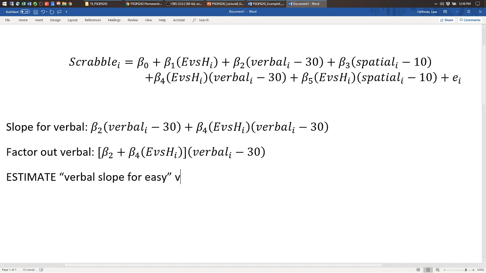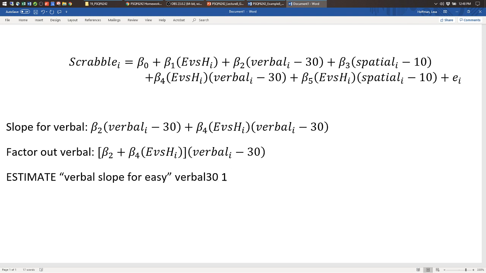So beta 2, I need verbal, like in my code it's called verbal 30, because I'm not imaginative that way. And I need how many of those? How many beta 2s do I need? Just one. That will always be the case, by the way, because the first term in these statements is the thing you're trying to estimate. So you just need one of those to get it started.